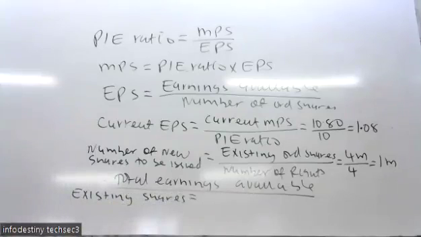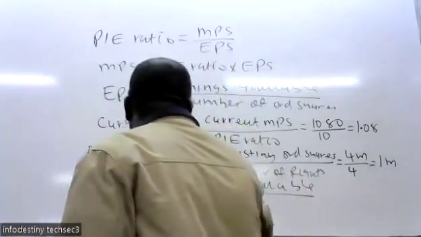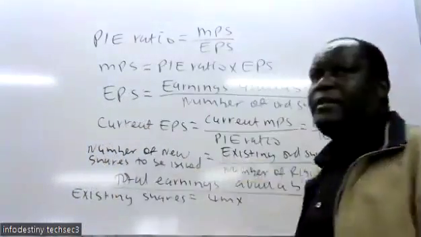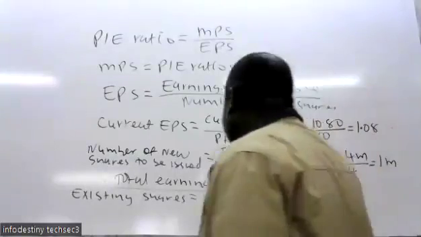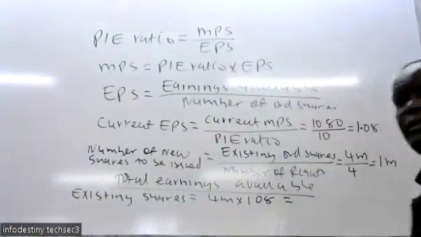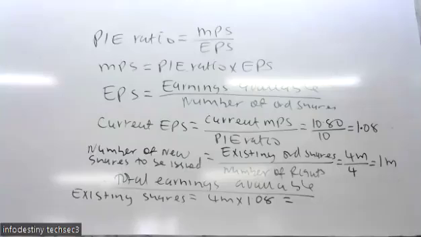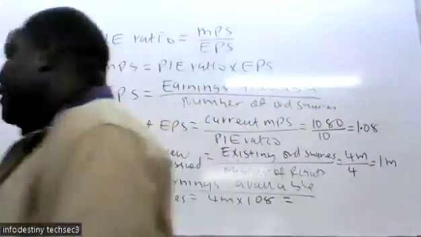There are 4 million shares, and we calculated the current earnings per share, which is 1.08. Just take the existing shares multiplied by the current earnings per share, and that will give you the earnings available on the existing shares.